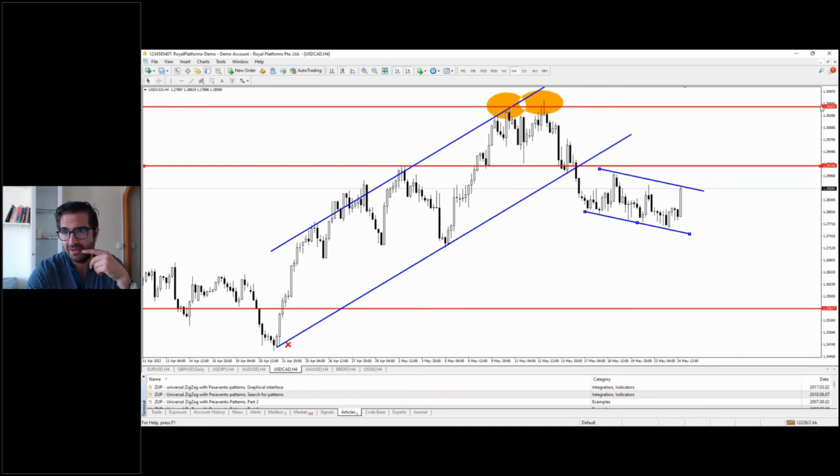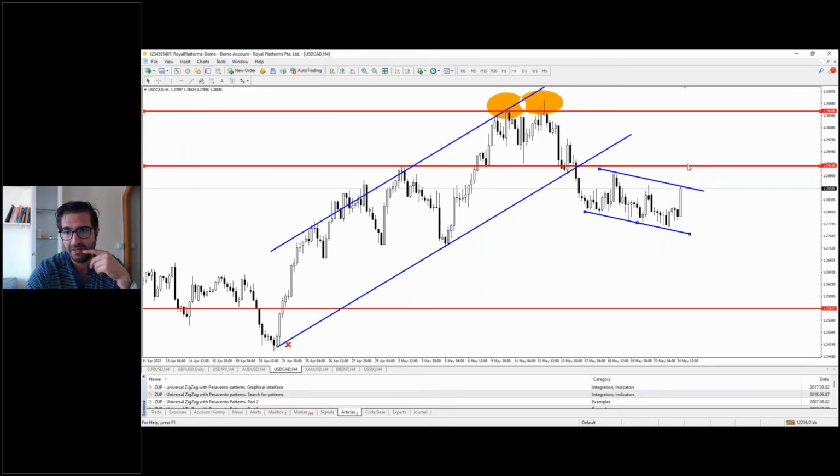Okay, so if we have a breakout and a close above 1.2914, most probably, I would say most probably, because trading is a probabilistic game, we will see it reaching 1.3048. But for now, we will wait for confirmations before considering any open position. This is for the USD CAD.